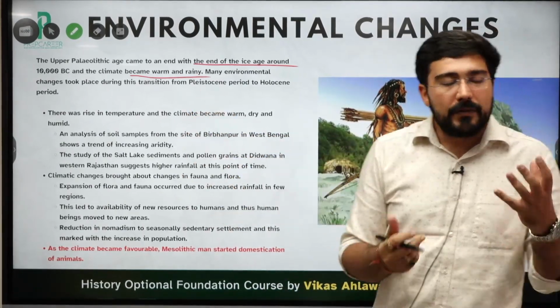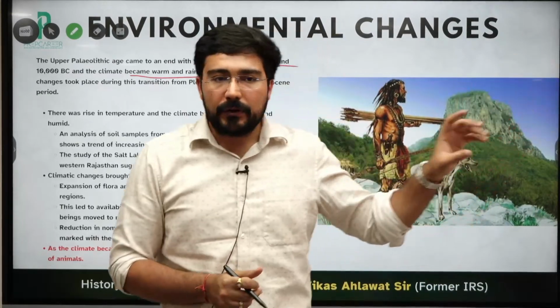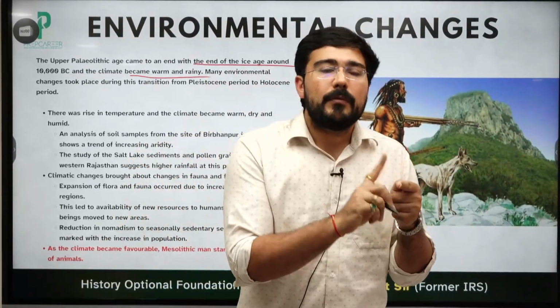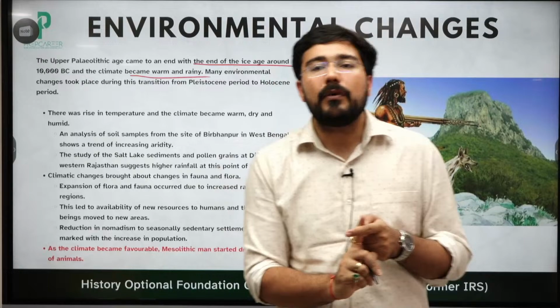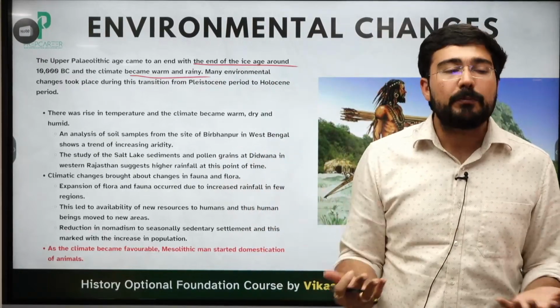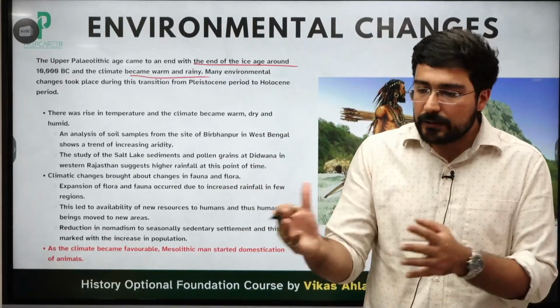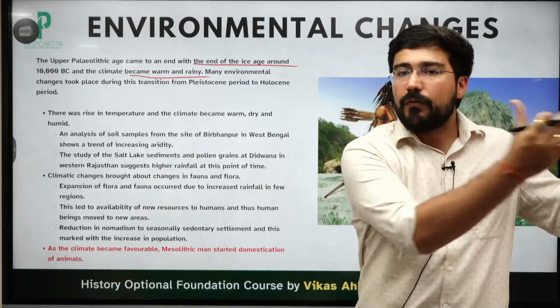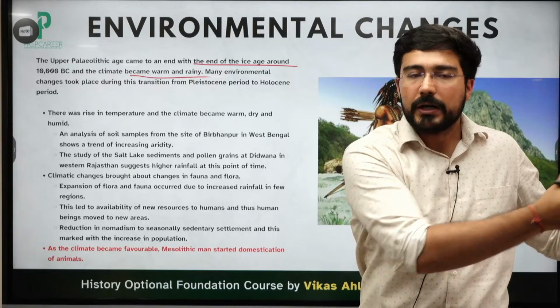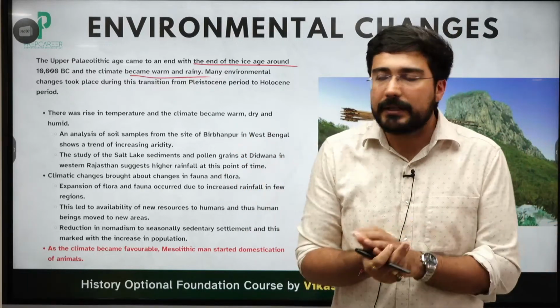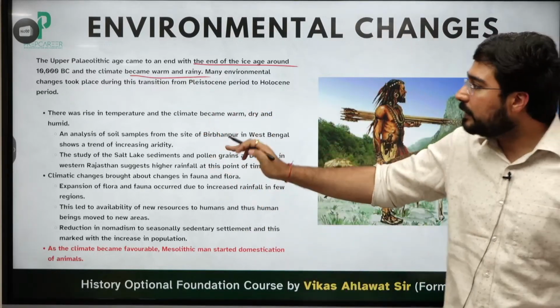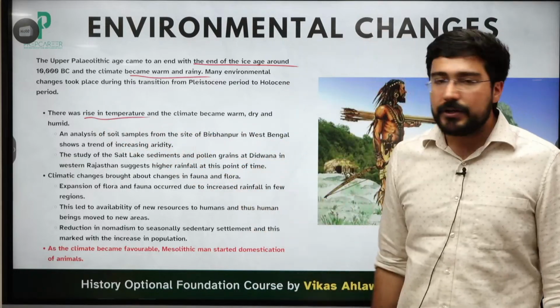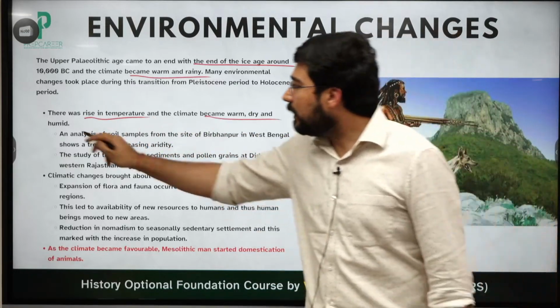That's why when we were talking about the Paleolithic era, we talked about band society. In the Mesolithic period, we see the beginning of community life because the population increased. This is also one of the transitions. We have band society, community, full-fledged villages. Okay, so that interaction between human beings was bound to increase because there was a rise in temperature and it became warm, dry and humid.